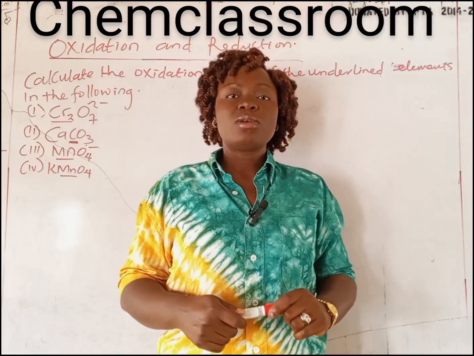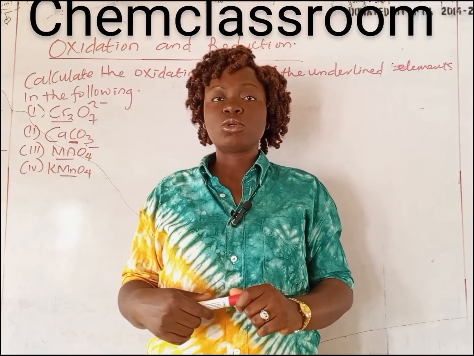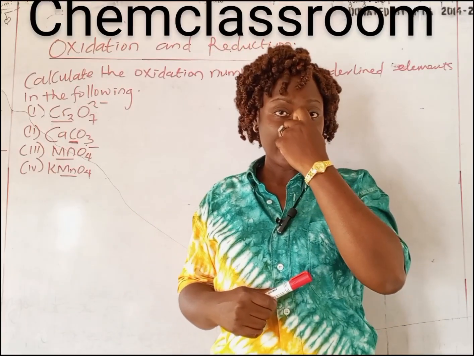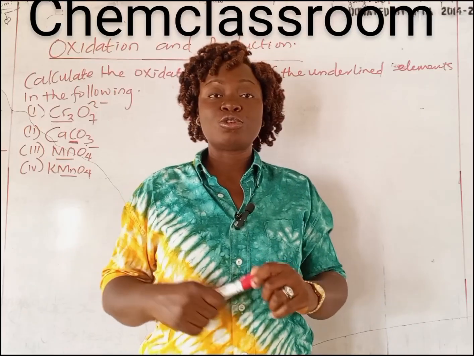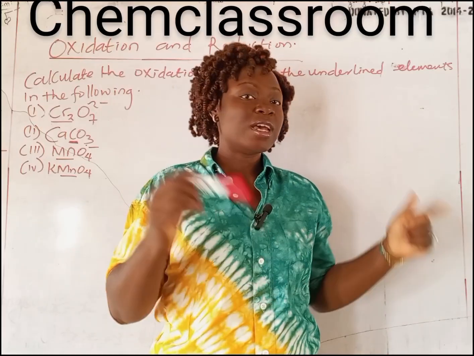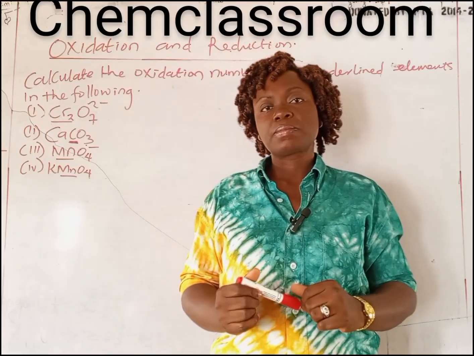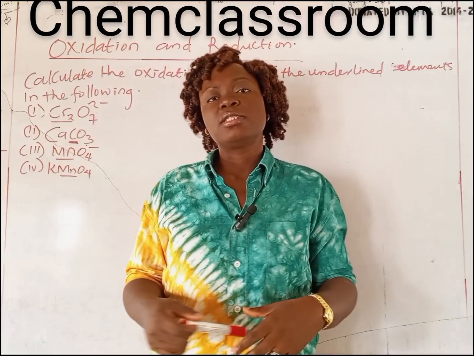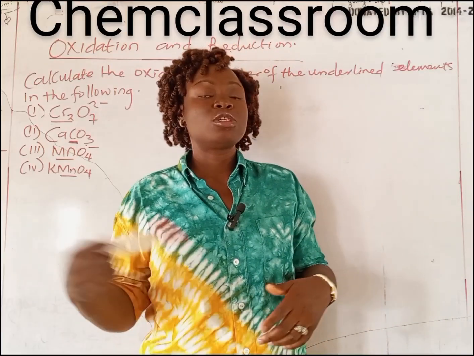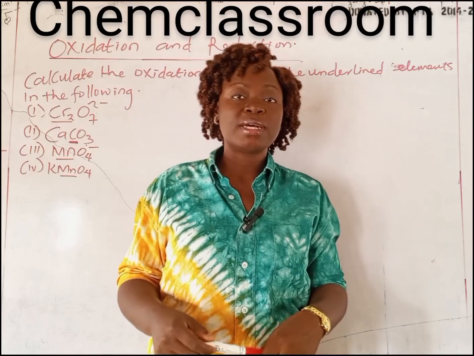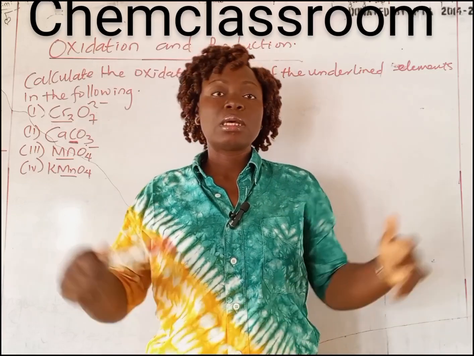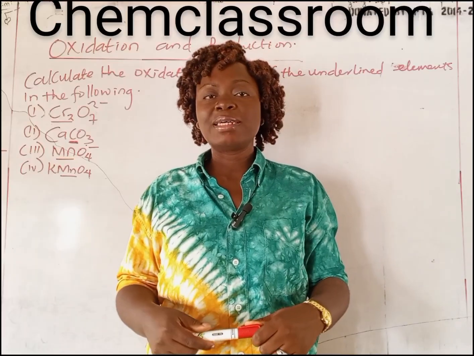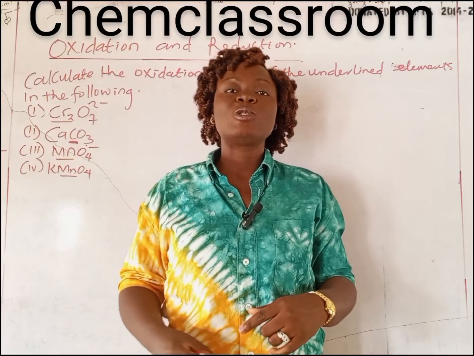Then oxidation is the addition of electronegative elements and the removal of electropositive elements, while reduction is the addition of electropositive elements and the removal of electronegative elements. Then oxidation is the increase in oxidation number, and reduction is the decrease in oxidation number.